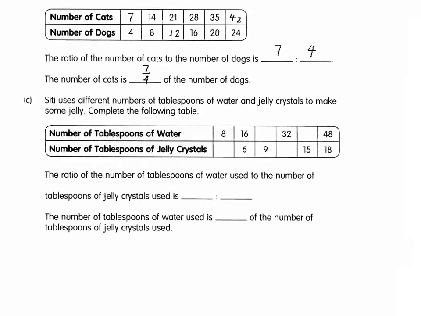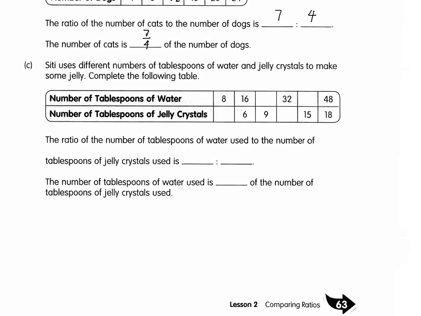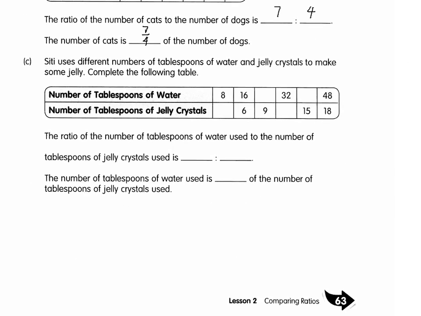City uses different numbers of tablespoons of water and jelly crystals to make some jelly. Complete the table. So 8, 16, what? 24, 32, 40, 48.